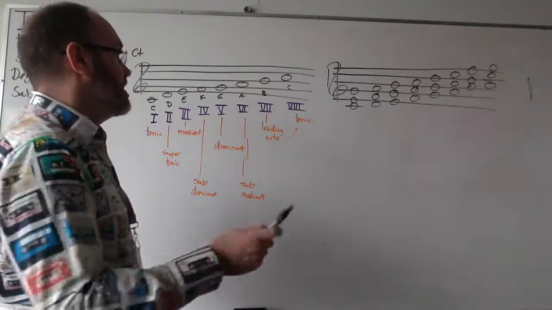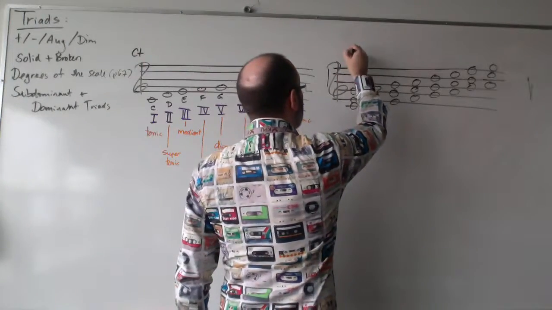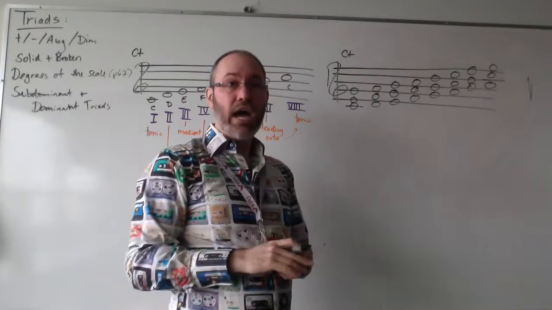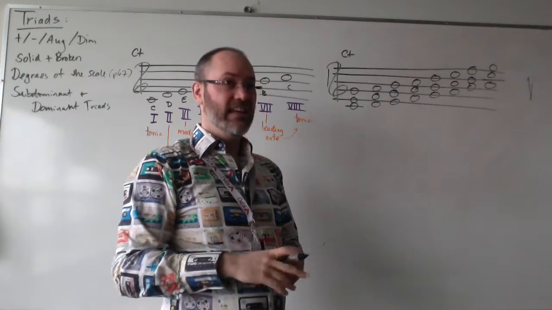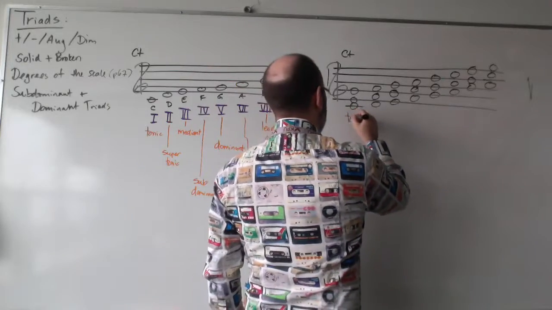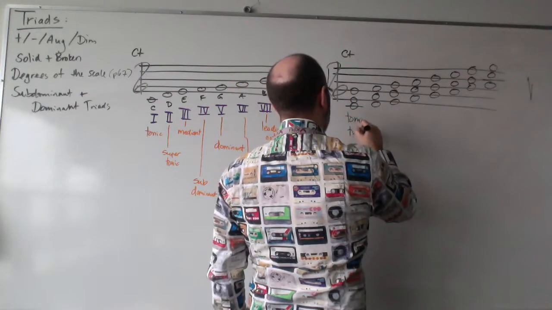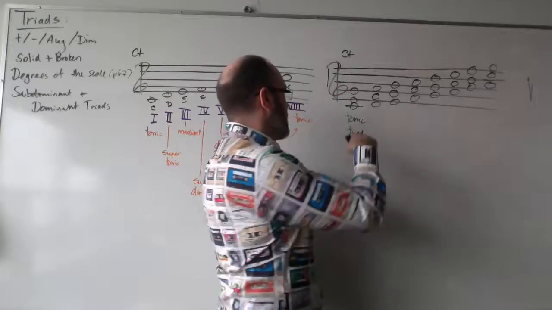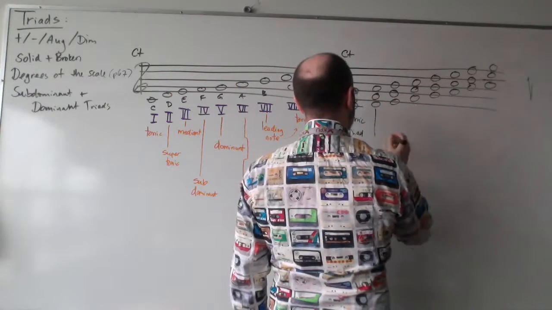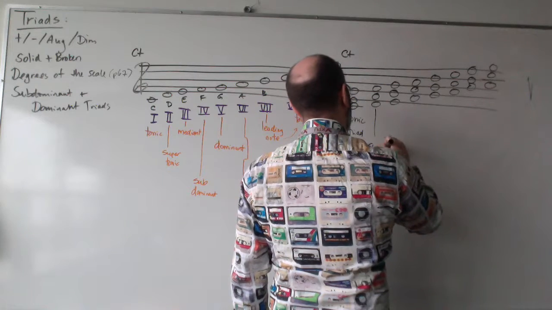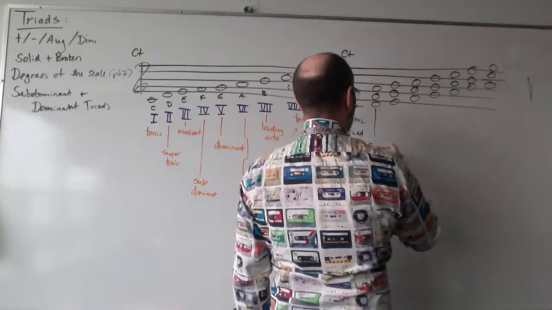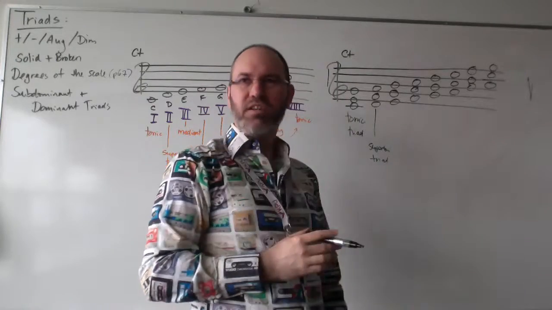All right. So in the key of C major, this triad, what kind of a triad is it? Major. It's a tonic triad. And you're right, it is major. What kind of triad is this? It's a supertonic triad.